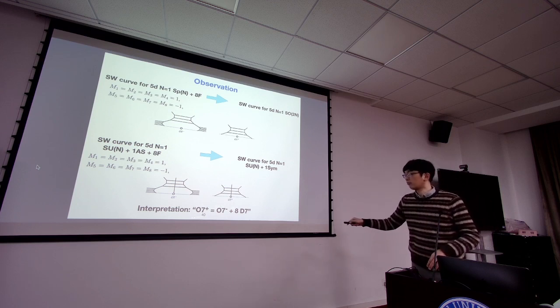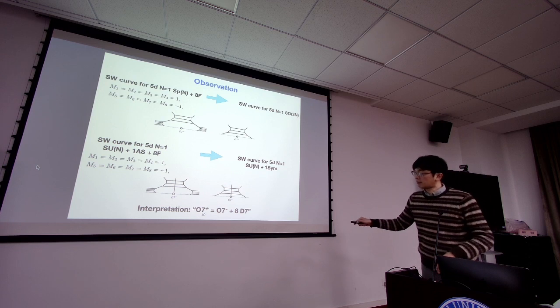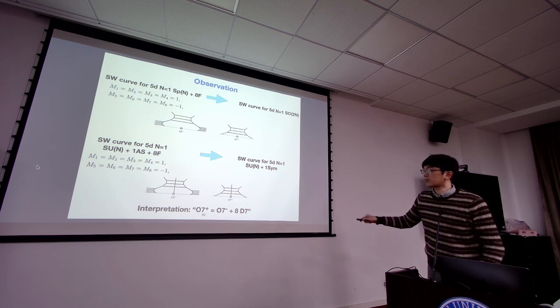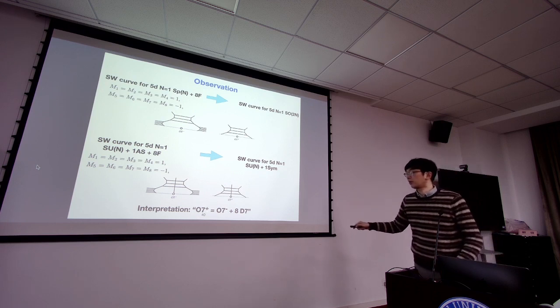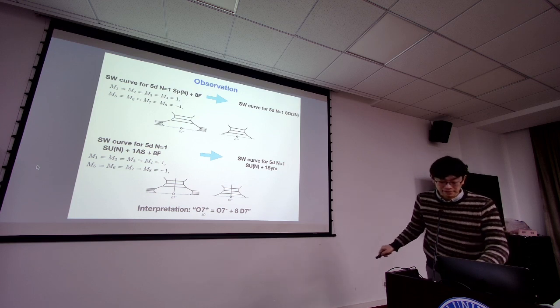We can obtain the Seiberg-Witten curve of the partition function based on this O7+ by decomposing in this way.